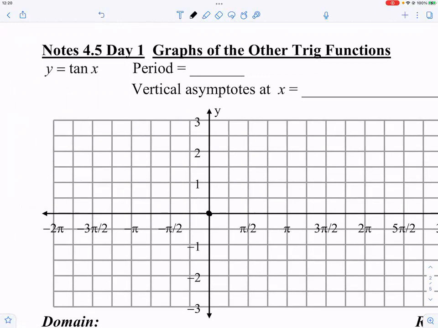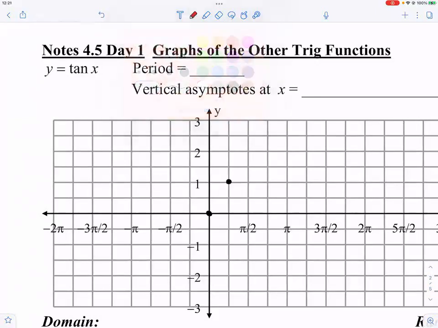So you just answer the question on the paper, tangent 0 is 0. If you know your unit circle values, that's going to be very helpful. And if you want to get to 1, what should the angle be if you want to get a y value of 1? Pi over 4. And when we say tangent of pi over 2, it's undefined. And how do we show undefined on a graph?